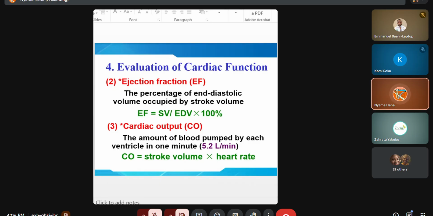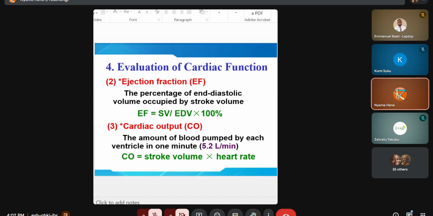It just means expressing the stroke volume as a percentage. If you want to express something as a percentage, it's going to be that portion over the total times 100, right? So ejection fraction is just expressing the 70 as a percentage: 70 over 135 times 100.